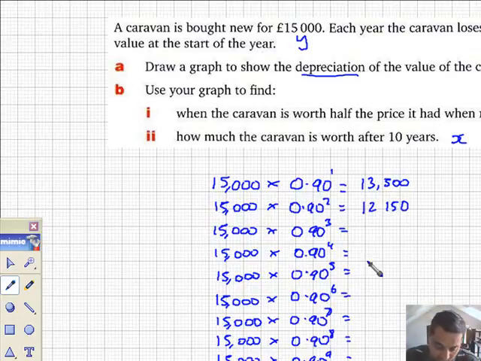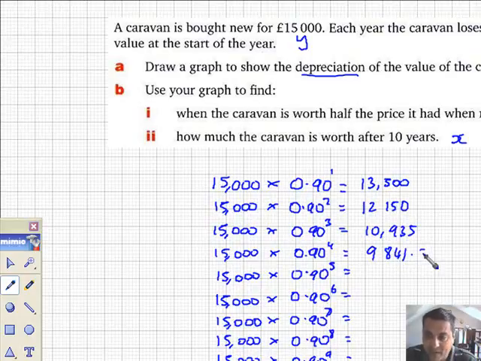Let's just multiply it by 0.9 now as a repeated change. So 10,935. Multiply that by 0.9. 9,841 pounds and 50 pence.